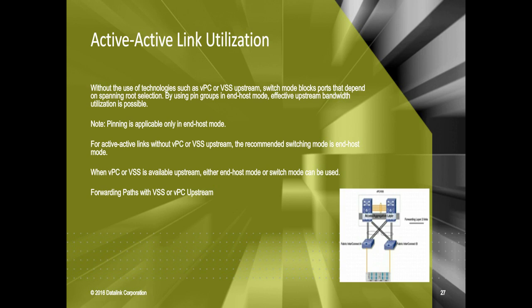So, for active links without a virtual port channel or VSS upstream, we recommend end host mode. When you have virtual port channel or VSS available upstream, end host mode or switch mode can be used. And of course, it does support forwarding paths with VSS or VPCs upstream.